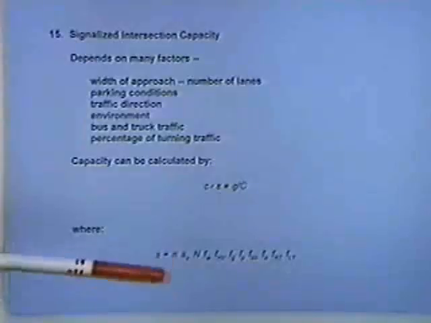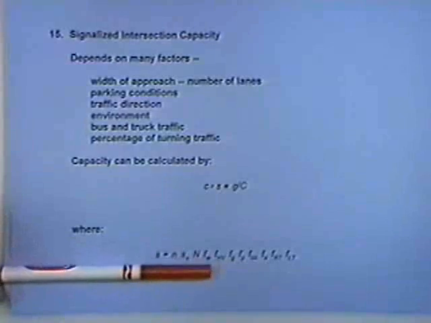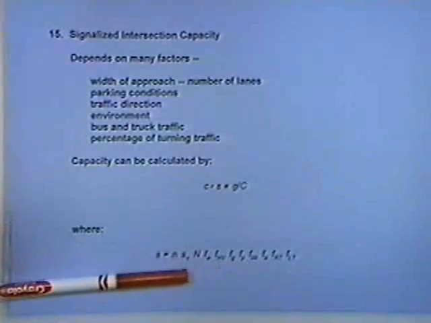They're primarily table lookup values, and there's a whole series in the manual. There's about 15 pages of tables where you can look up the values for conditions that aren't ideal. Very briefly, F sub W is a factor for width. F sub HV is a factor for heavy vehicles. F sub G is a factor for grades.